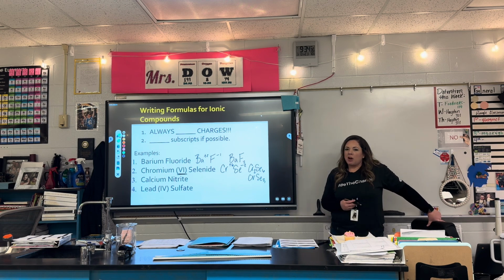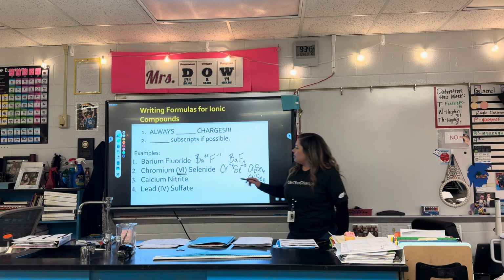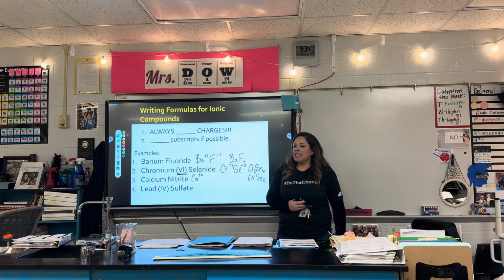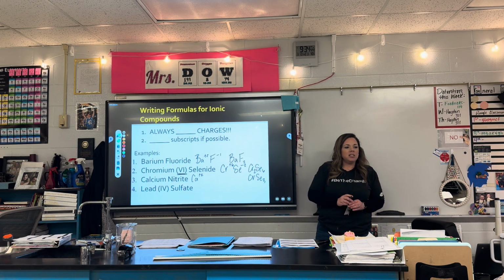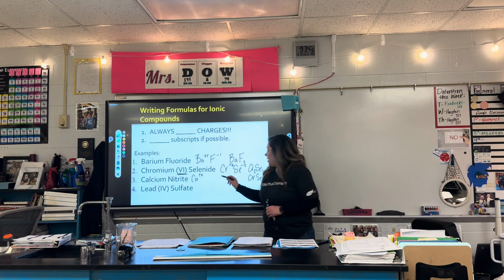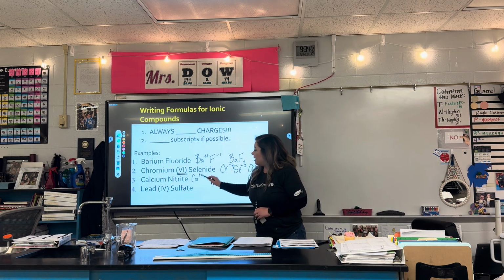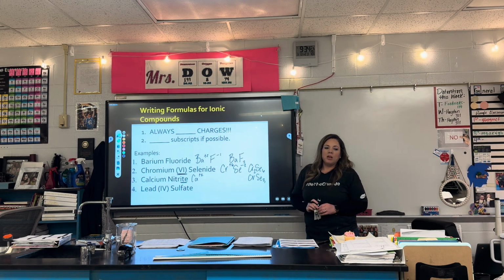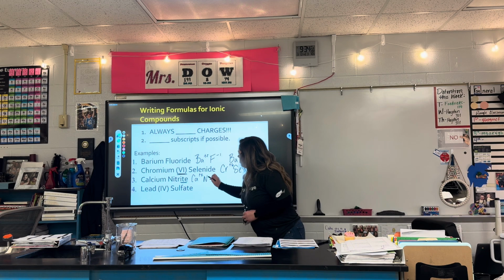Alright, next one. Calcium nitrite. So what is calcium's charge? +2. And nitrite. What is nitrite? It's a polyatomic ion because it ends in ite, not ide. Gotta be careful there. So what is it? NO2 -1.